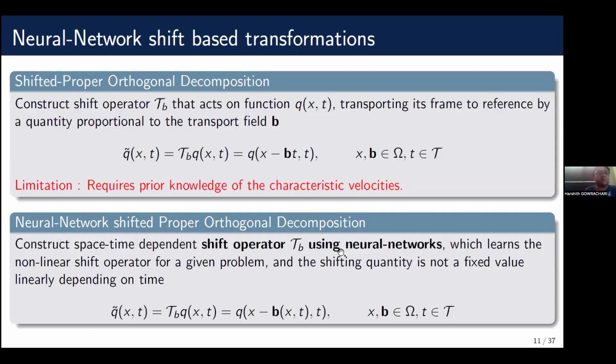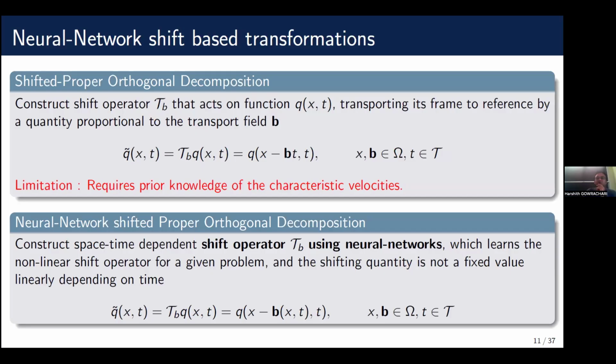So as I mentioned, neural network shifted POD is the extension of shifted POD. The main idea of shifted POD is that you choose a reference configuration, and you are basically transporting all the snapshots to this reference configuration by constructing a shift operator that acts on this function, which transports all the snapshots to the reference frame.